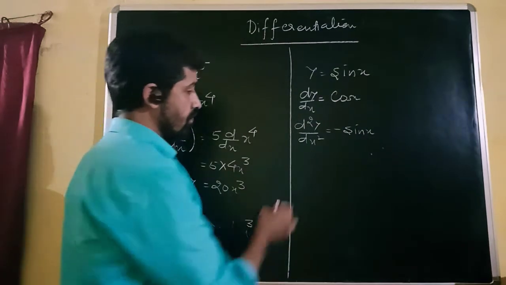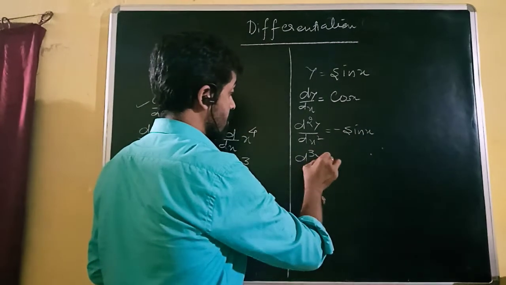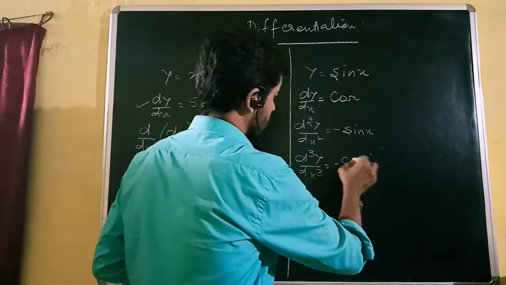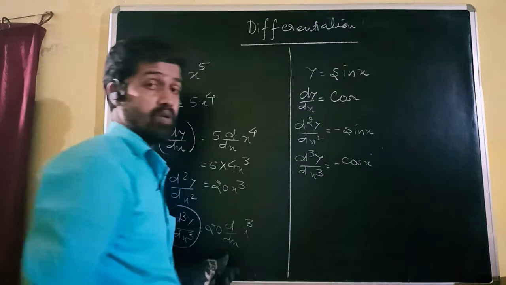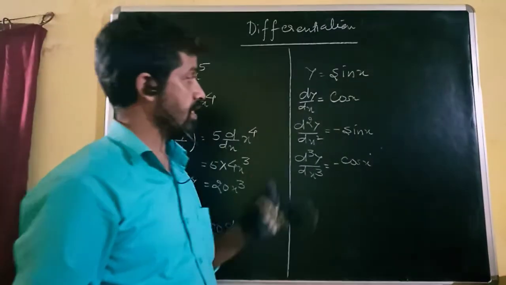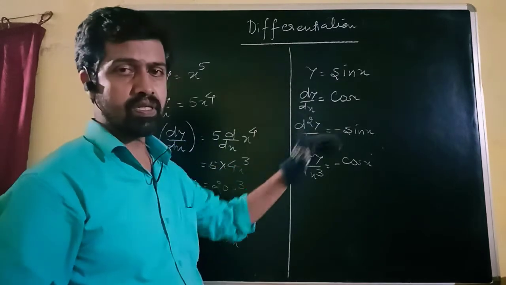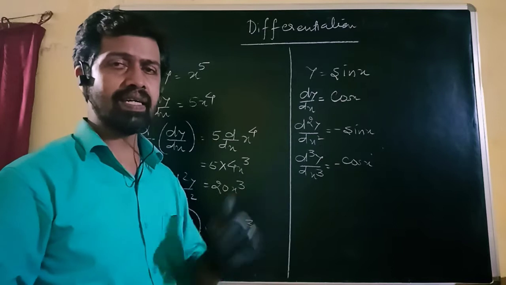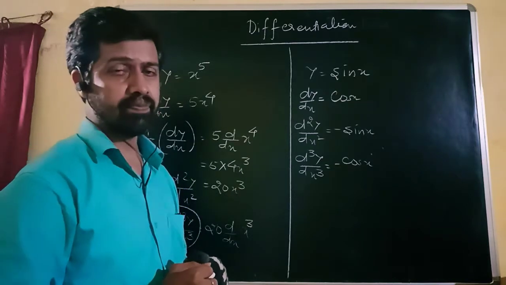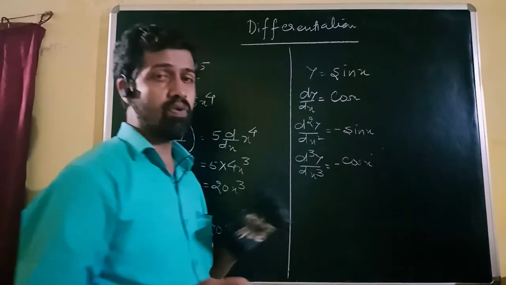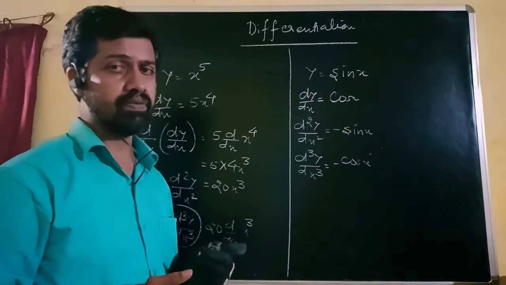And if I go further, the third order derivative is found to be minus cos x. So you may be noticing that it is more or less the same function we are getting every time. So you might be saying, what difficulty is arising here.